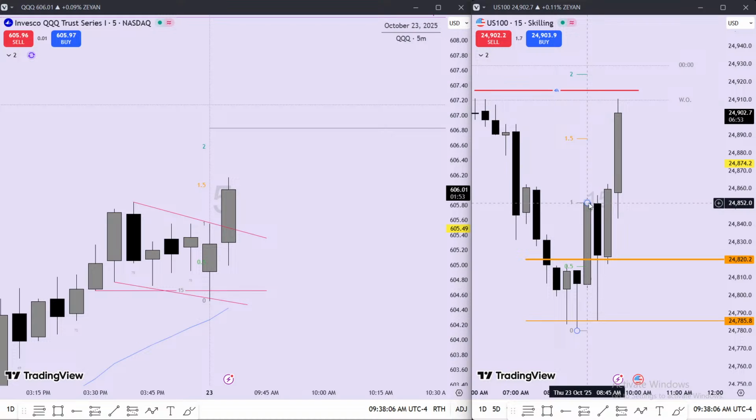Single standard deviation of the 15 minutes range takes us above 24,924.